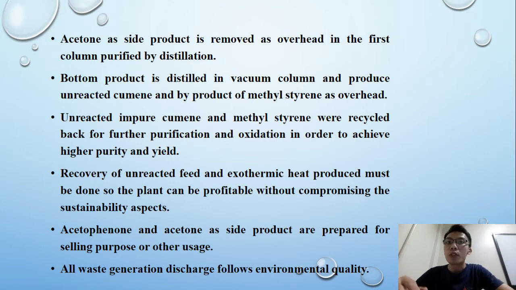Recovery of unreacted feed and exothermic heat produced must be done so that the plant can be profitable without compromising the sustainability aspect. Acetophenone and acetone as side products are prepared to be sold or used otherwise. All waste generation follows environmental quality standards.